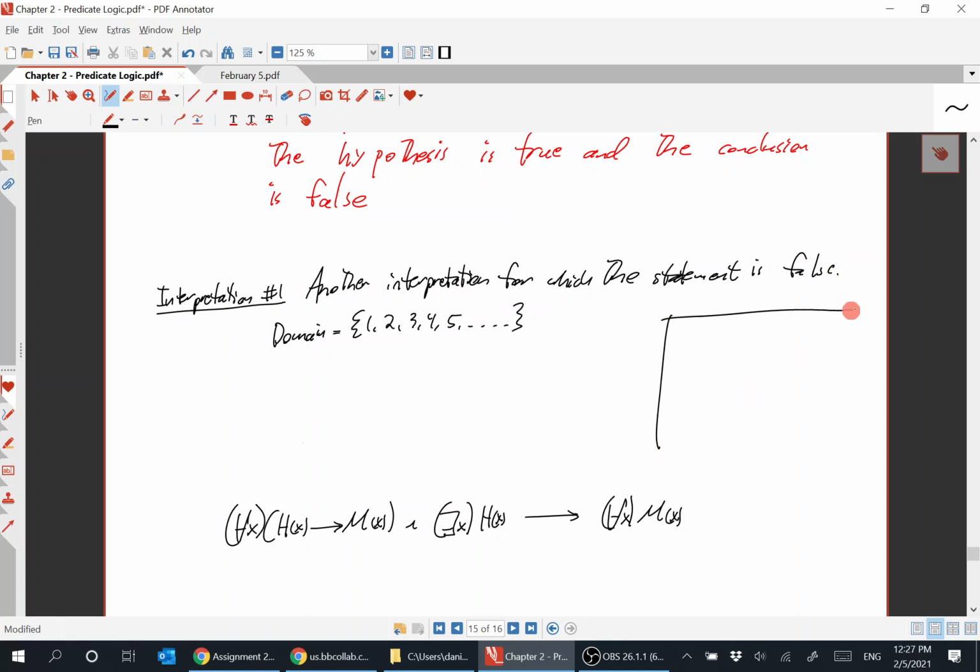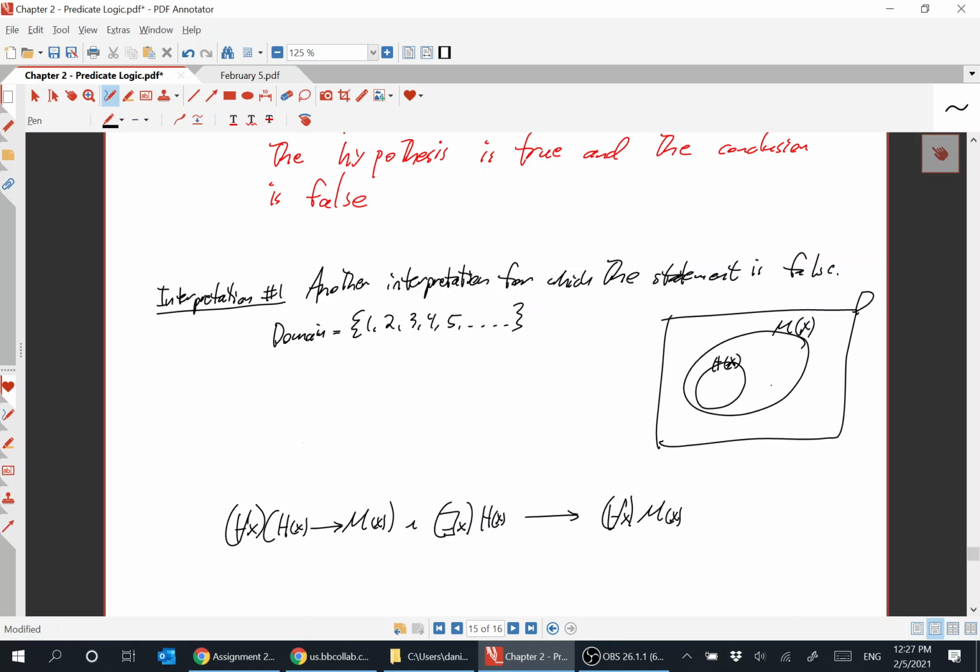Again, look at your domain. This box is the domain, all the positive integers. And we want that for every x, Hx implies Mx. In other words, the x's which make H true are contained within the x's which make M true.